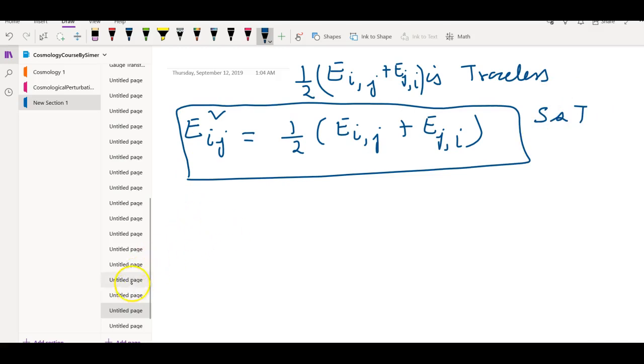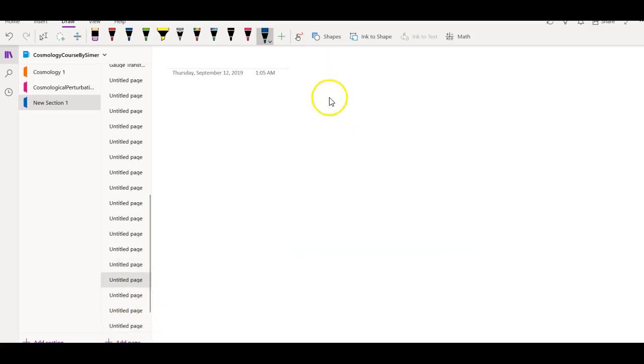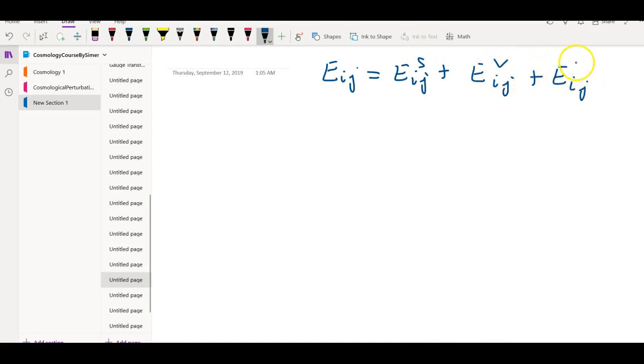So we have looked at two parts, scalar part and vector part, scalar and vector. So what is the scalar part?